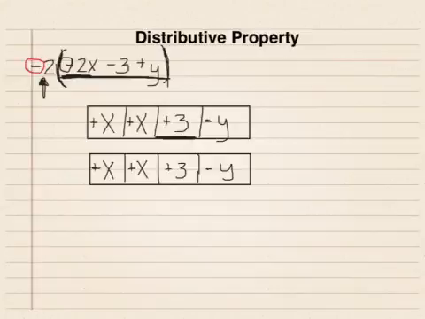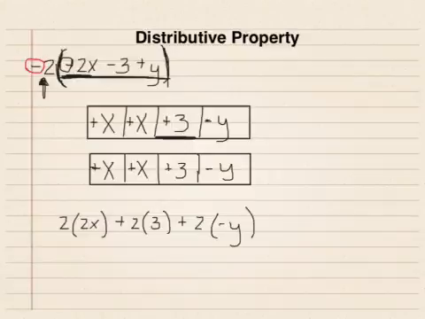So now we can see that right now we have two groups of 2x, two groups of 3, and we have two groups of negative y.